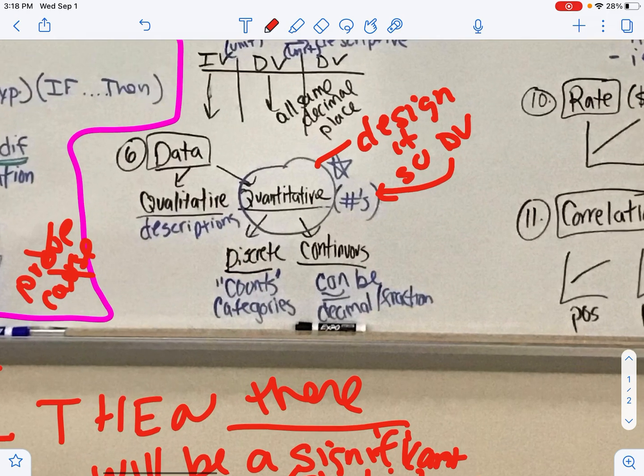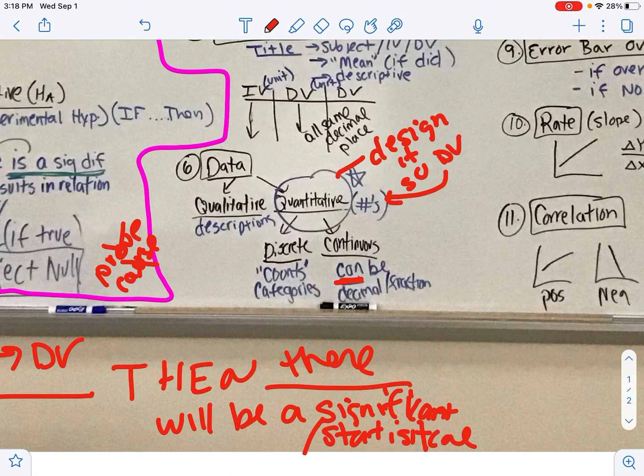Continuous data is things that, and I underlined the word, can be decimals or fractions, even if you're only recording it to the whole number. So things like time is always continuous, even if you're recording it like 1 second, 2 second, 3 second. Just by nature, time measurements, any kind of distance measurements, volume measurements are always continuous data.